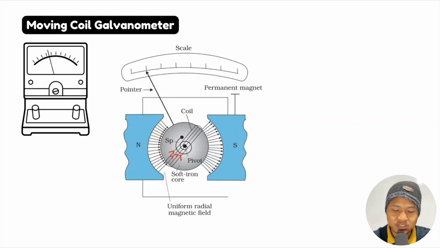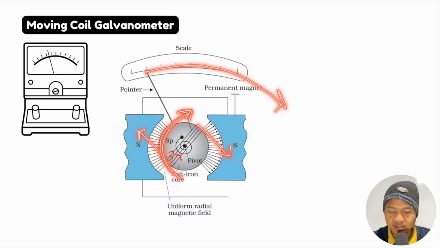The forces act like this, as in the torque derivation. So now the whole thing will try to rotate clockwise. If it keeps rotating clockwise, the pointer will keep going, but we want this pointer to go only up to a certain limit.